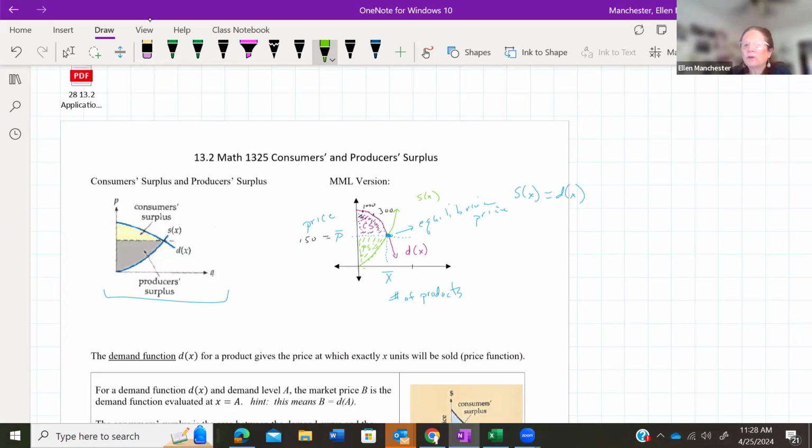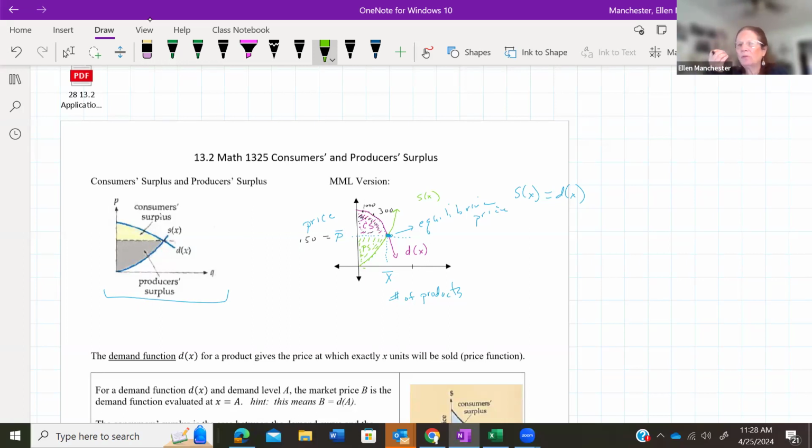Okay, so the producer surplus makes the producer happy. It makes the business owner happy because this is money that they are getting over and above what the price is. Okay, people want to pay more, but they're willing to pay the 150. They're willing to pay the upper level. Okay, so this is more tangible because this is actual money. This is like profit.